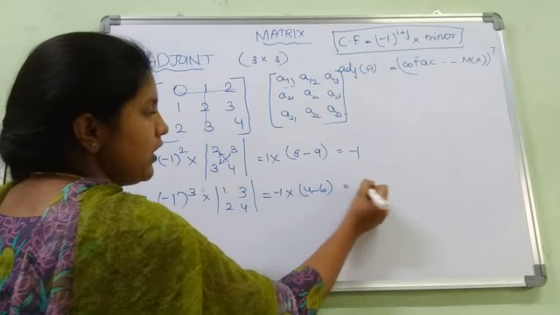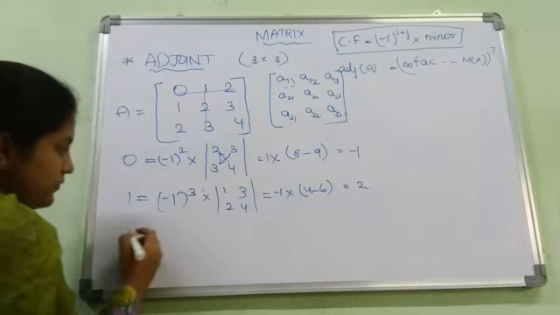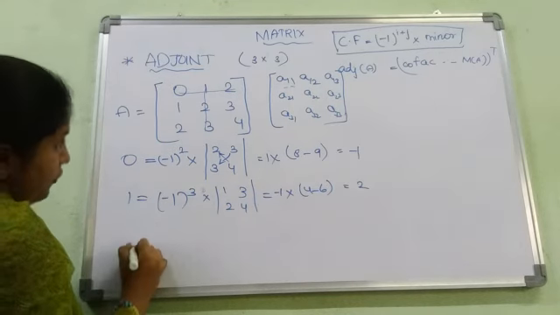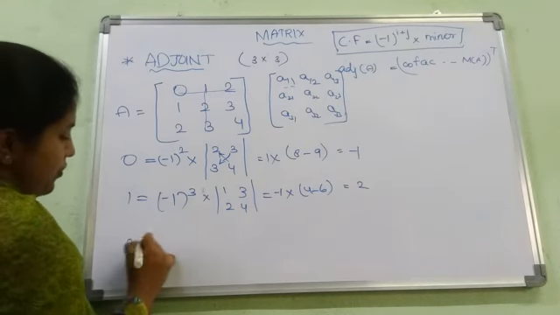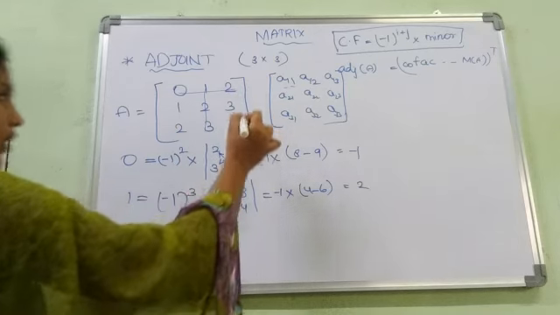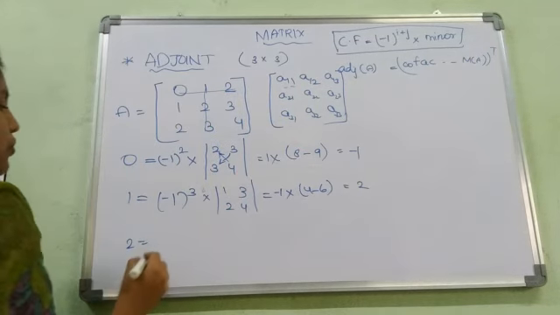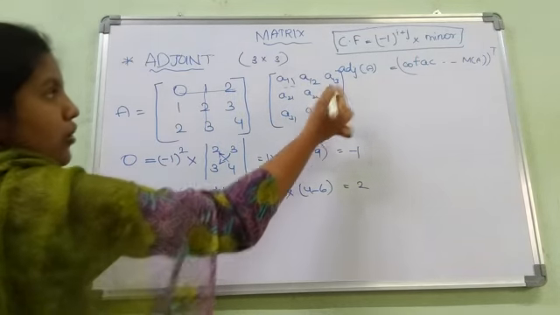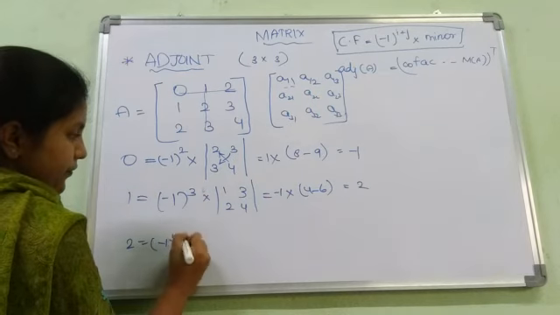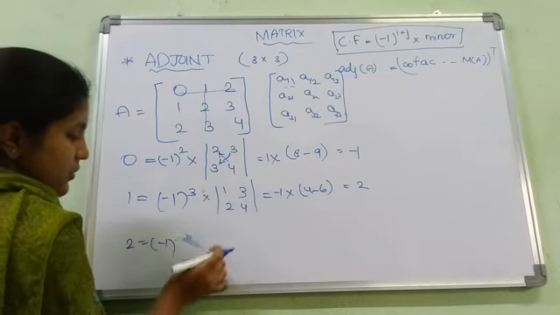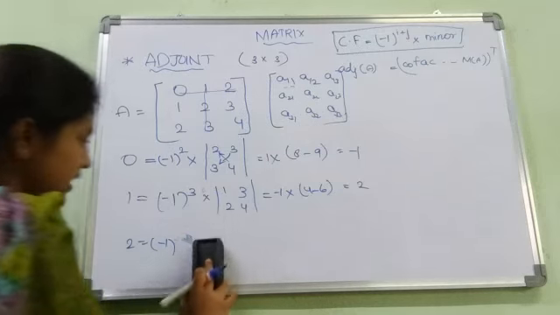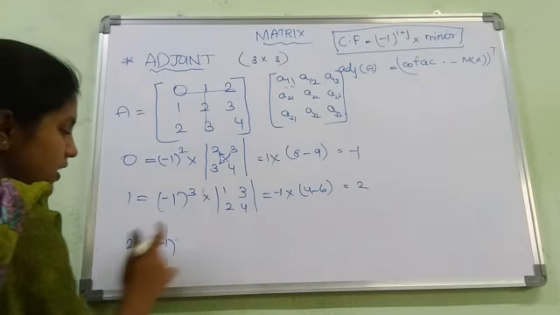Minus 2 into minus 1 is 2. Next, the cofactor of 2. This 2, don't get confused. Now the cofactor of 2 is -1 to the power of 1 plus 3. It means 1 plus 3 is 4, right?